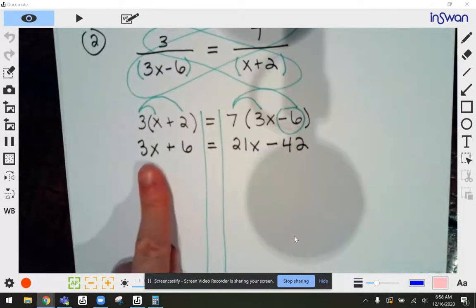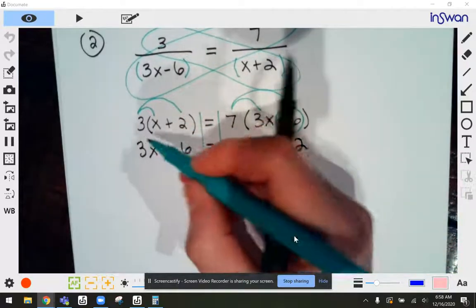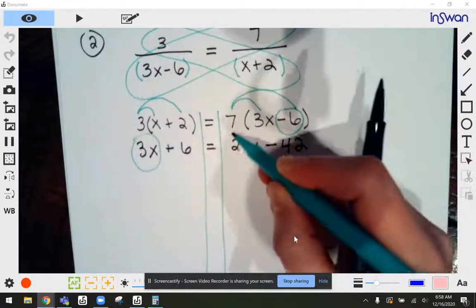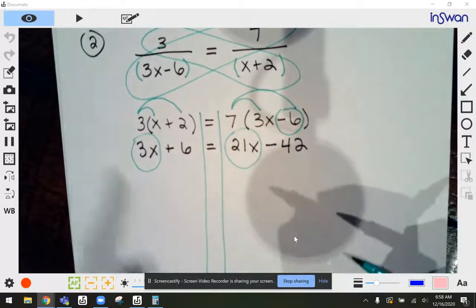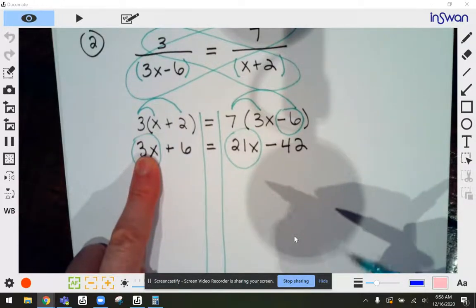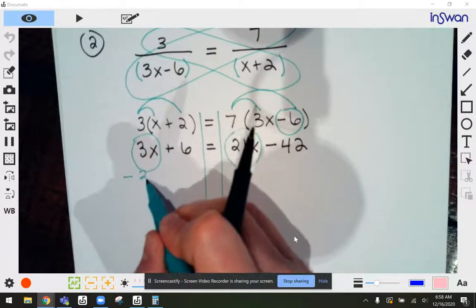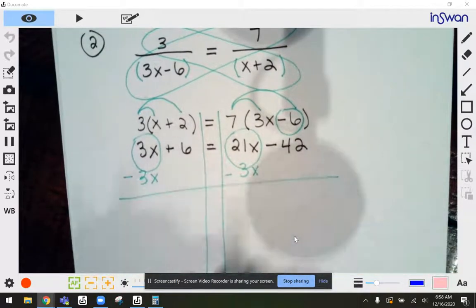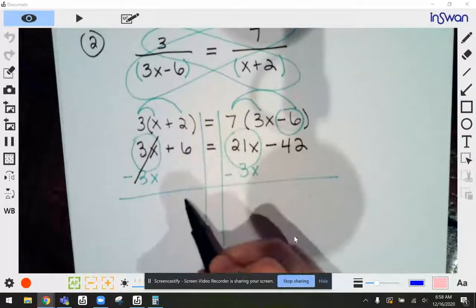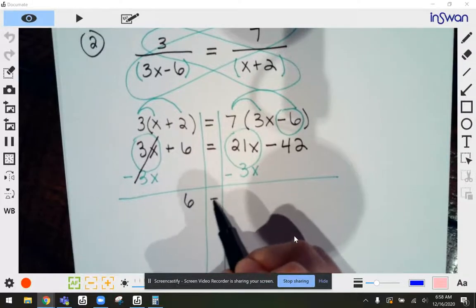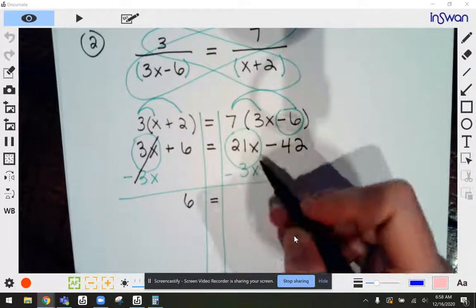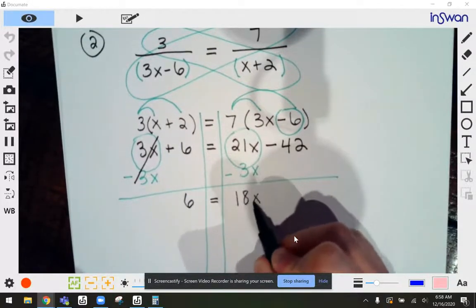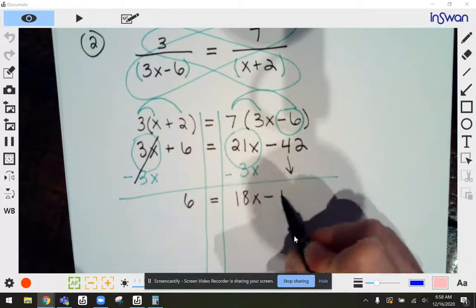Now, I don't have any like terms on each side, but I do have variables on both sides. So remember, pick the smaller variable and do the opposite. So I'm going to subtract 3x from both sides. So this cancels, leaving 6 on this side. 21 minus 3 is 18x. Bring down the minus 42.